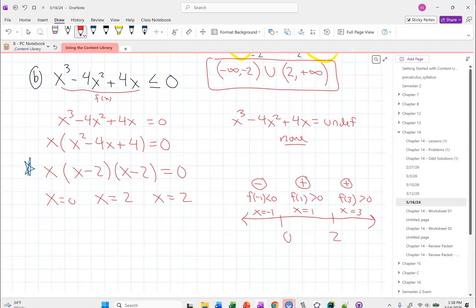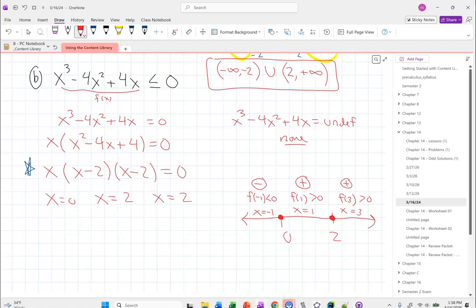If I plug 0 in for x, I get 0 less than or equal to 0. That's true. So I need a closed circle. If I plug 2 in for x, I get 0 is less than or equal to 0. That's true also.